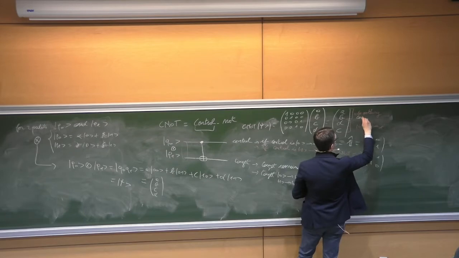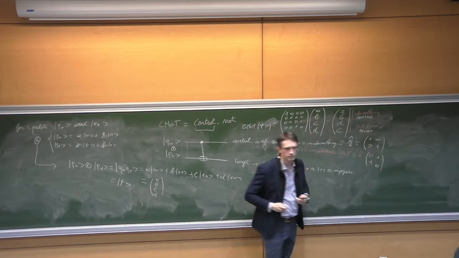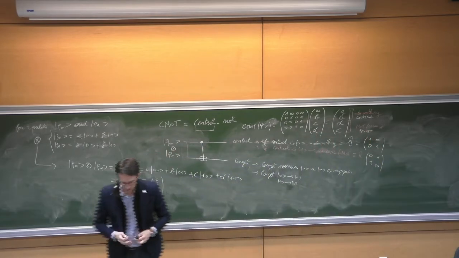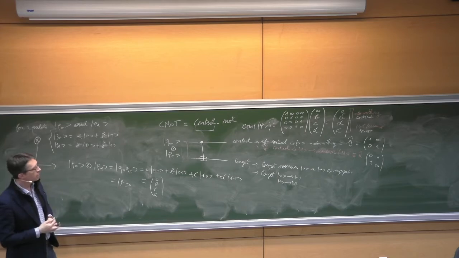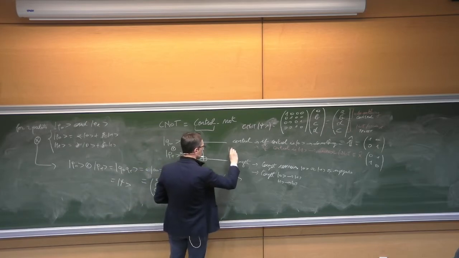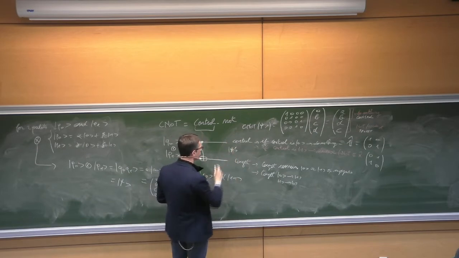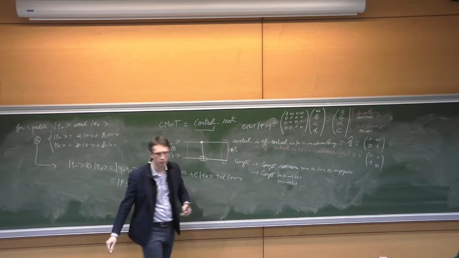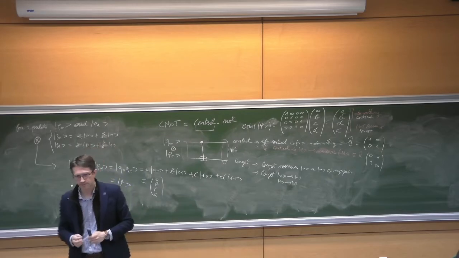That's the control, and that's the target. Okay. And so we end up with a psi state at the end, sorry, psi prime now because we control-NOT it, that is going to be again a 4-column vector.